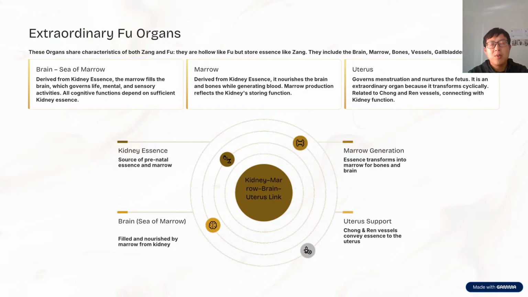The extraordinary organs like the brain, bone marrow, and the uterus are also important to the human body. Okay, so today's course is short.